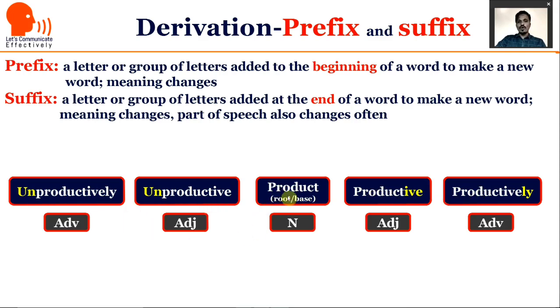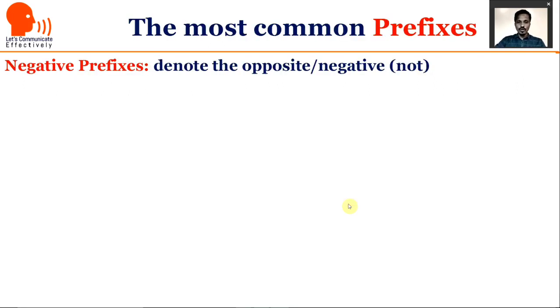With the help of only one word, we formed 4 different words by adding prefixes and suffixes. Alright, let us go ahead and focus on the most common prefixes which help form various words in the English language, and there are certain confusing prefixes as well which most of the time confuse us when we are using words in spoken language.